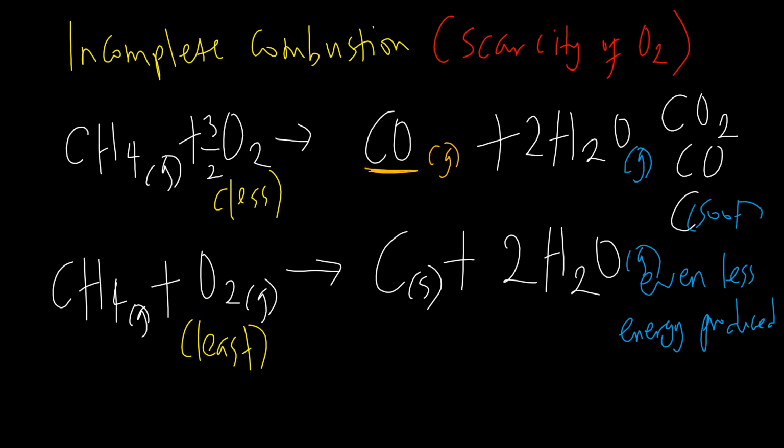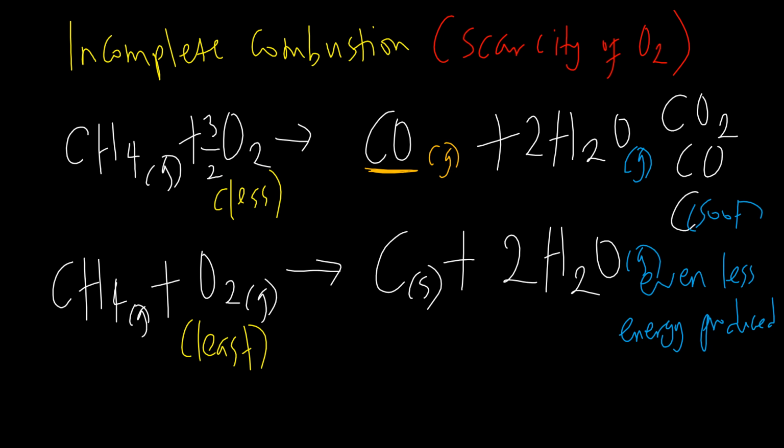So there are some scenarios where you will go through an incomplete combustion and you end up producing lots of different products, because that's what happens in reality. You get some carbon dioxide, you get some carbon monoxide, and you get some carbon. So let's talk about a scenario like that. Let's say that I have propane.